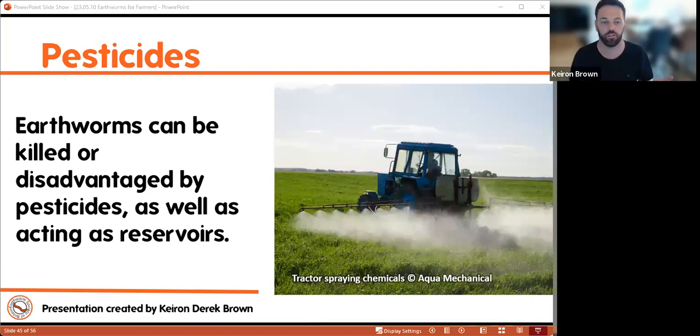There's also the fact that some earthworms can act as reservoirs for toxins as well. We've talked about how earthworms are an important food source for many other animals.